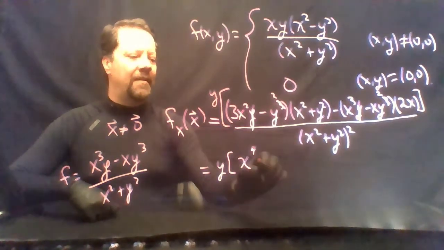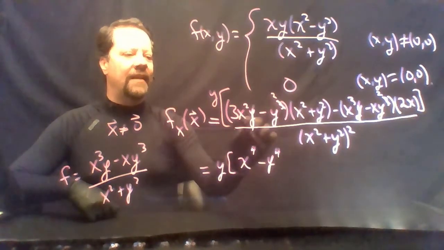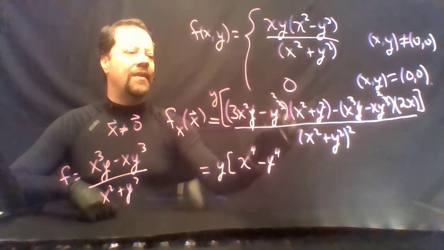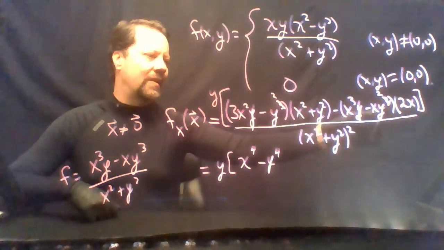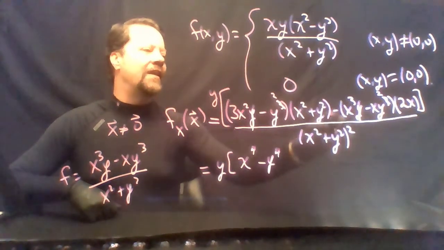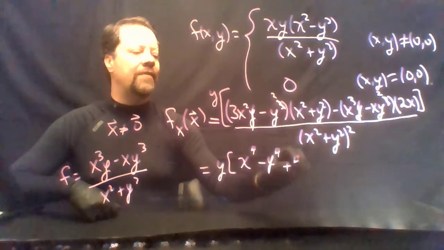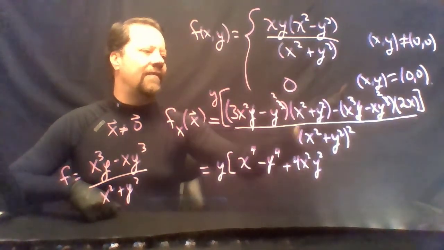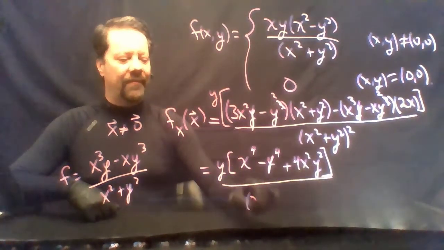We have a minus y to the fourth. Then we have a 3x squared y squared minus x squared y squared is 2x squared y squared. And then minus minus another 2x squared y squared, so that's plus 4x squared y squared. That accounts for all of the terms in the numerator.